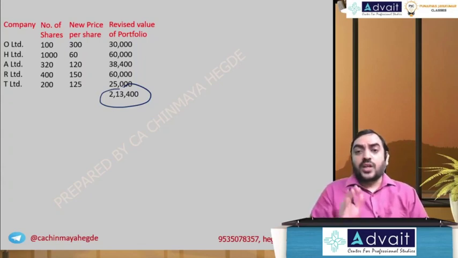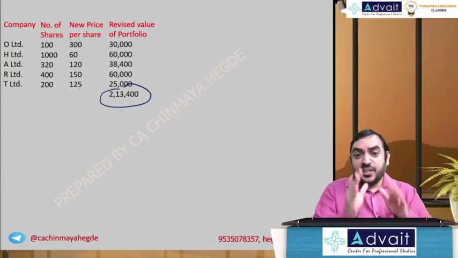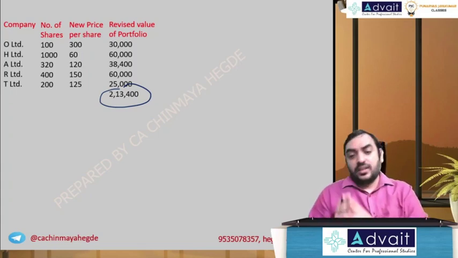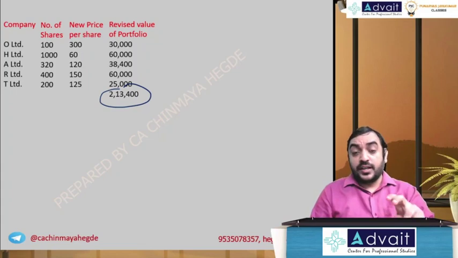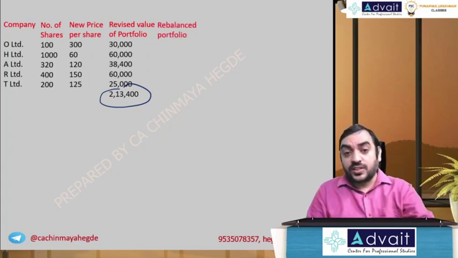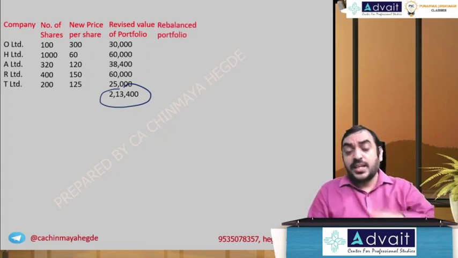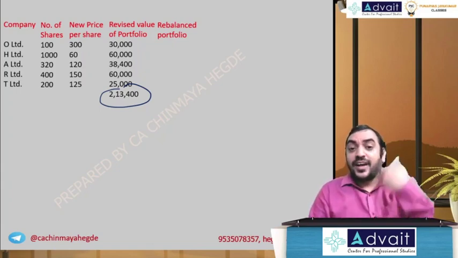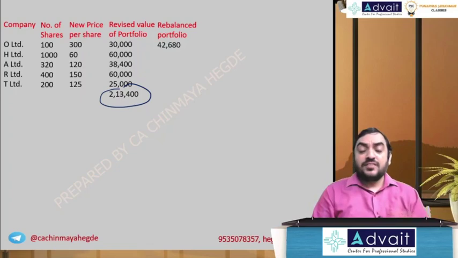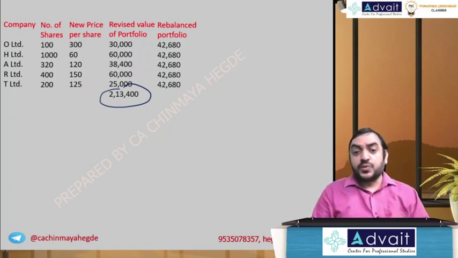Correct. What is my objective? It should be equal in all the stocks. If 2,13,400 should be equal in all the stocks, that's what is called a rebalanced portfolio in alignment with my objective. Divide by 5 equal weights. It should be 42,680. Understood the process?